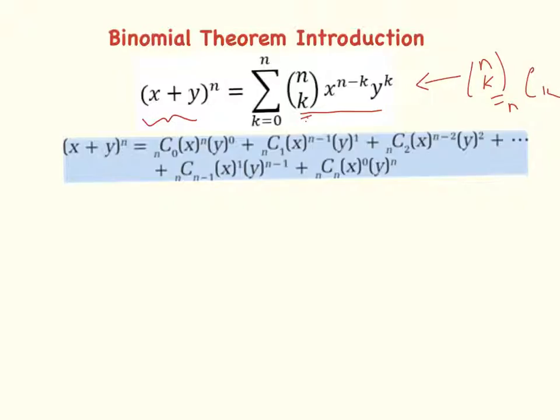Written out in longhand, the form here in blue shows each of those terms added out until you get to the end. So let's show this for (x + y)^5. Our first term will be 5 choose 0 times x to the 5th power y to the 0 power.